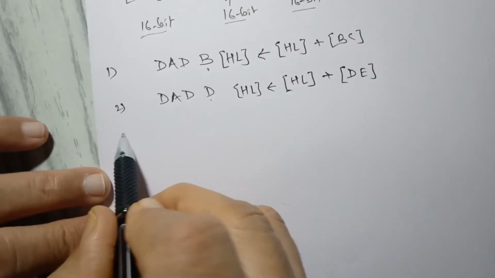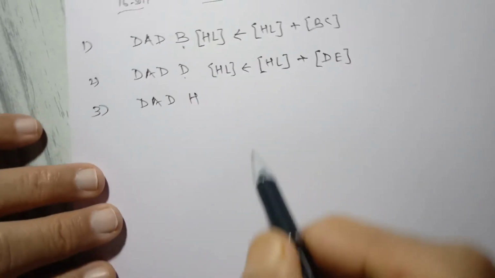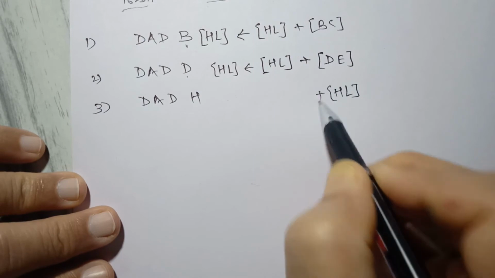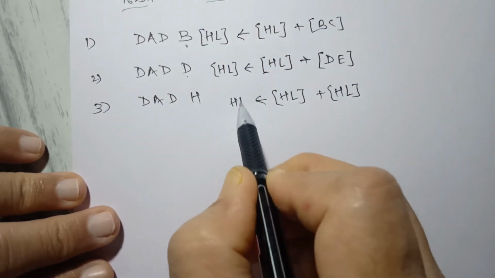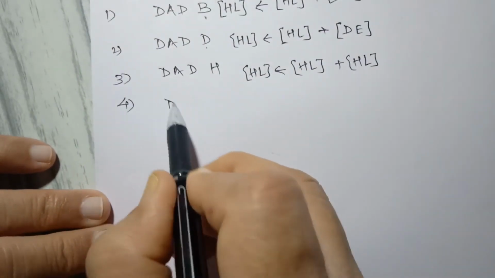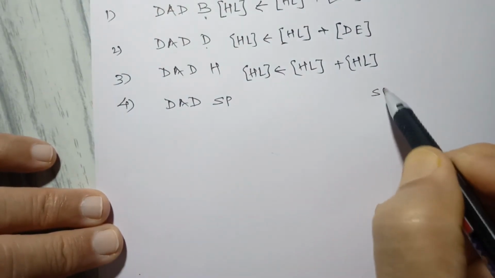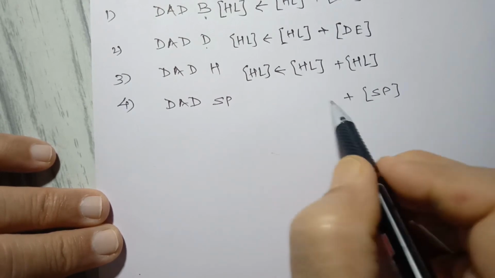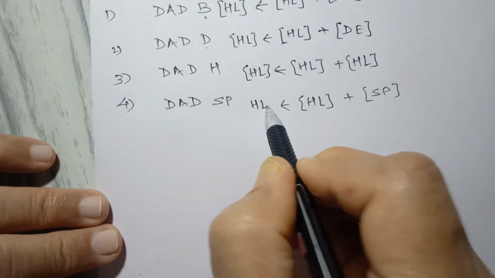Similarly, you can have DAD H also. It means that the contents of the HL pair itself are added to the HL pair, and the result is placed into the HL pair. And there is one more option with this instruction, DAD SP. Here the stack pointer, which is a 16-bit register, its contents are added to the HL pair, and the sum is placed into the HL pair.